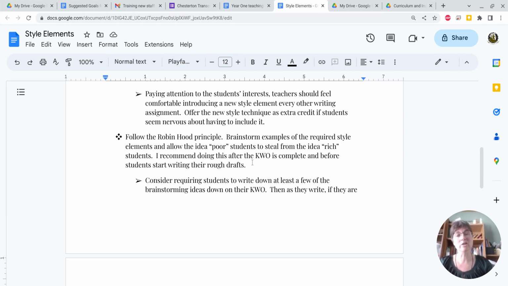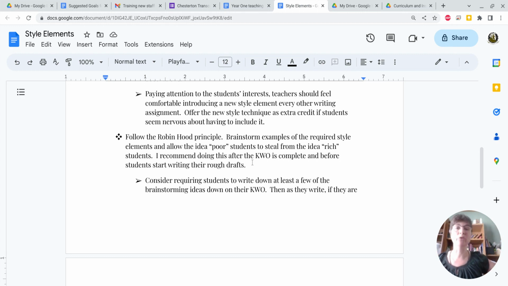I would require my students to put brainstorming ideas onto their keyword outlines. So we've created the keyword outline, everybody's done with that. Then I would say, hey, we're going to do some brainstorming. We added the number 4 sentence opener recently, and I want everybody to write down at least 2 number 4 sentence opener ideas. Who's got one we could start with on the board?